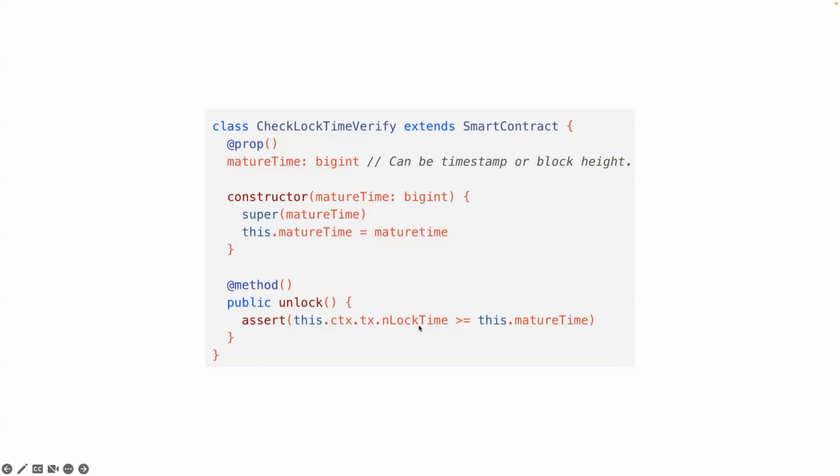And then you just say, hey, this lock time has to be at least this mature time. So when you try to unlock this, you will make sure the unlock time will be at least the specified mature time. So that means if you call this method before this time, it will fail. So in this way, you can introduce time trustlessly into your contract.